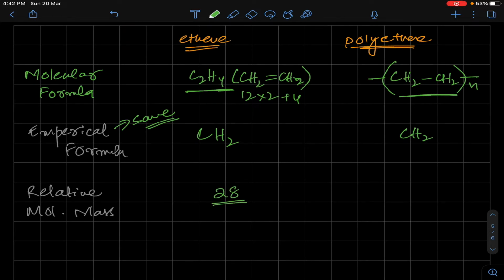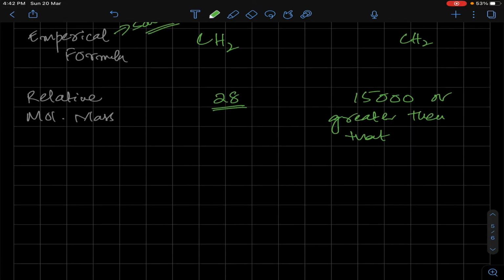And the relative molecular mass of polyethene, because this is made up of a large number of ethene molecules, is around 15,000 or greater than that, right? So this is not a fixed number, but most of the time we make a polymeric chain which has a molecular mass of around 15,000 or greater, right? So there is a huge difference between the molecular mass of the monomer and the polymer.